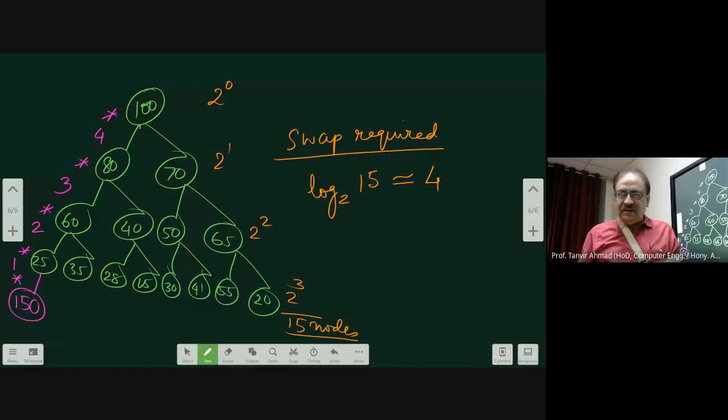If this is clear, may I ask you one question? What is the height of a heap tree containing n number of nodes?